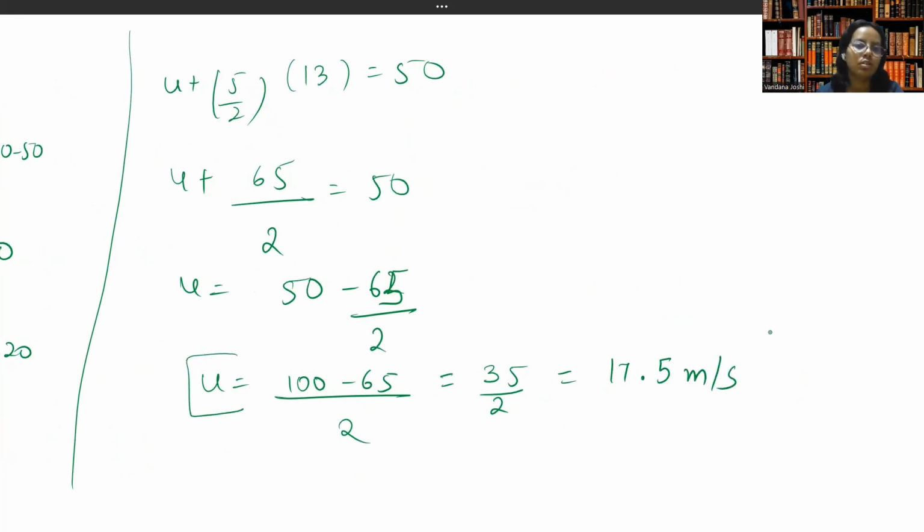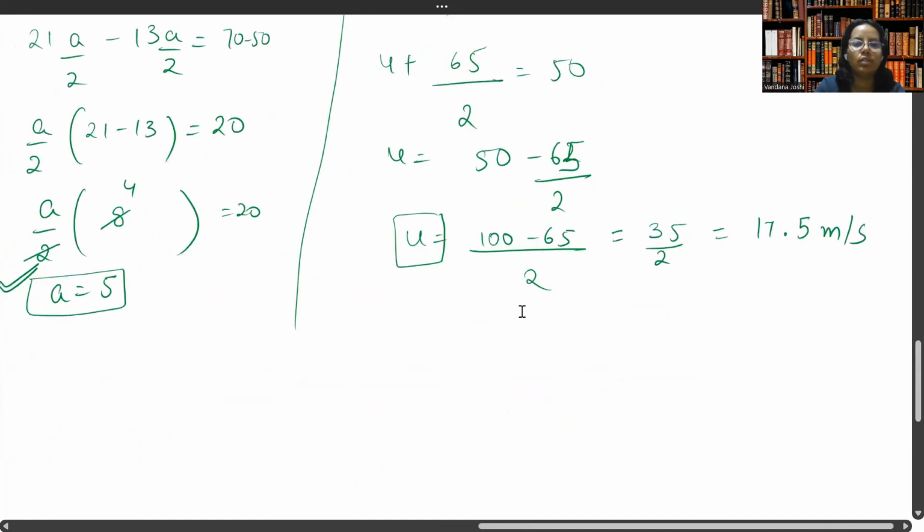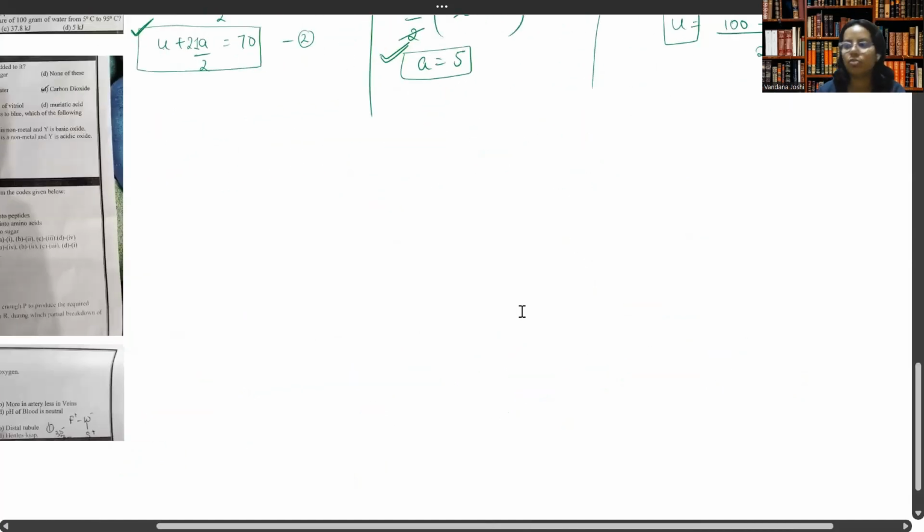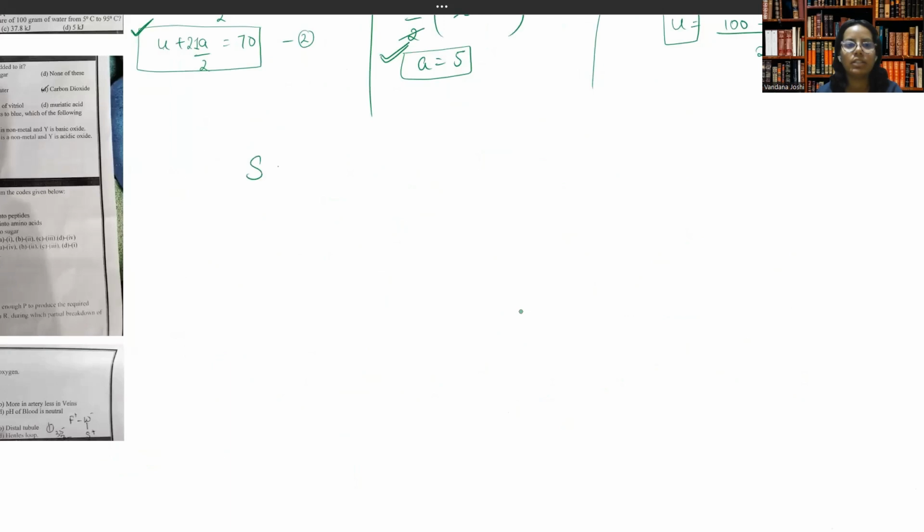So I know my initial velocity, I know my acceleration. Now it becomes really easy for me to calculate the value of the distance that is covered in the 40 seconds. So I'll say distance covered in 40 seconds can be solved by using the second equation of motion. We have S equals ut plus half at square.